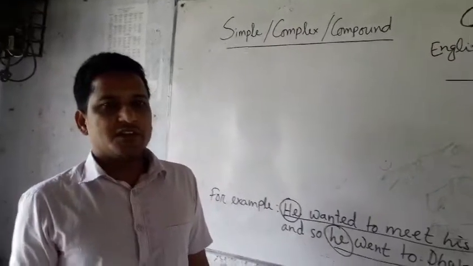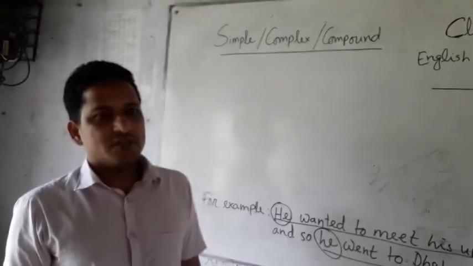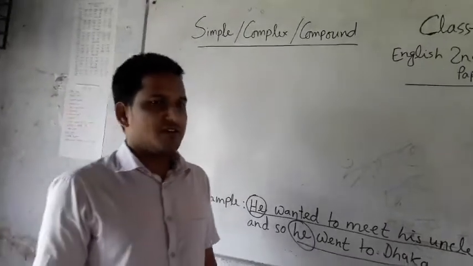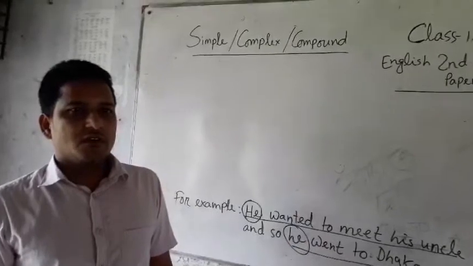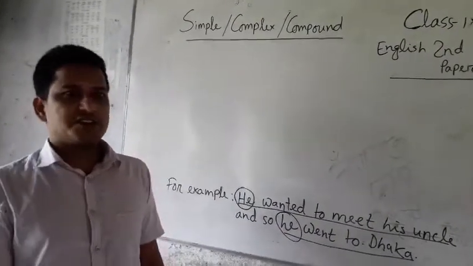Suppose the teacher takes preparation and goes to class. If you say the teacher goes to class and takes preparation, it will not be correct. So you have to write the clauses of a sentence sequentially.